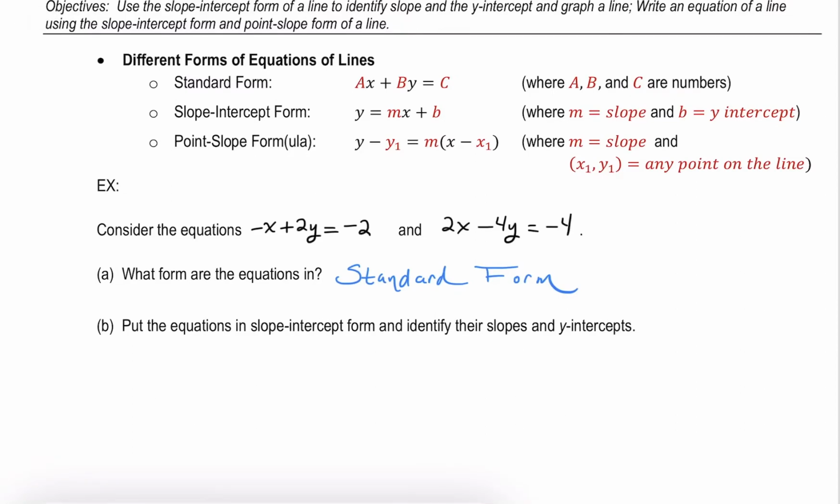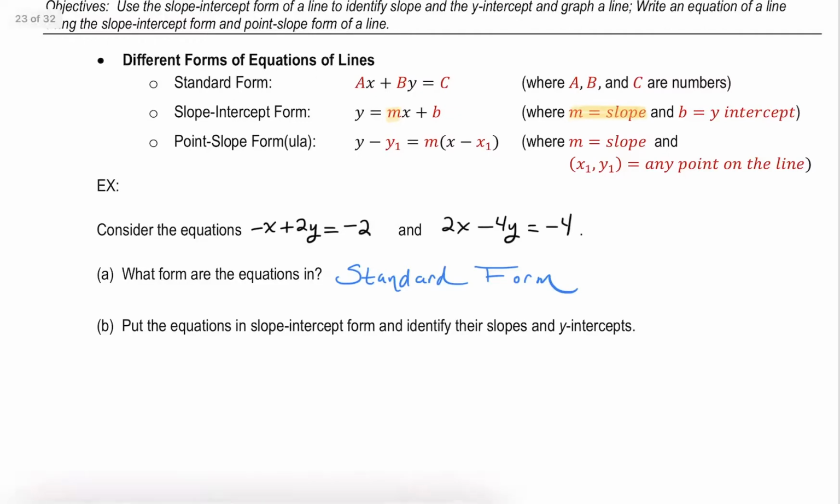Number one, if you're ever using a graphing calculator, this is the form that you will need to have it entered in, at least in terms of it needing to be isolated for y. Also, it's unique. Once you get it into slope-intercept, it is the m and the b. There's only one slope-intercept form. Also, the m and the b, while being numbers, have particular meaning that the a, b, and the c just don't have in standard form.